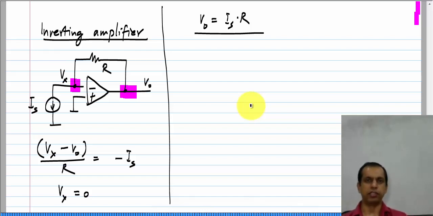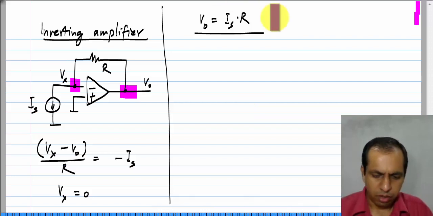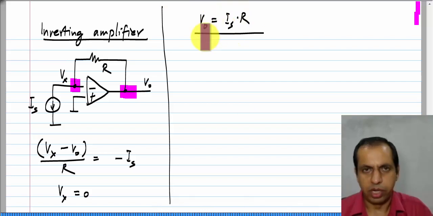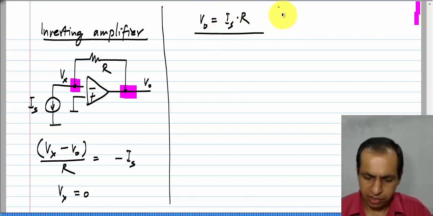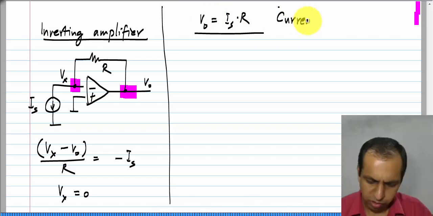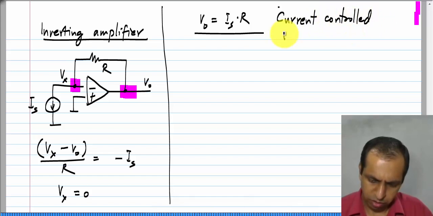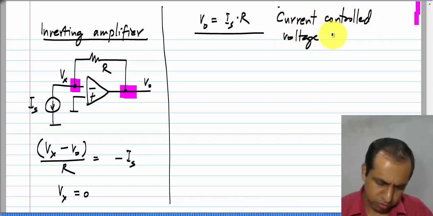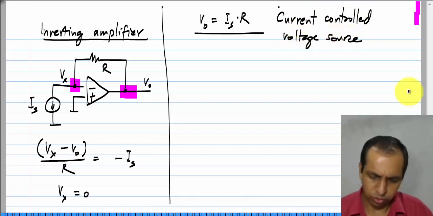Other standard circuit is the non-inverting op amp amplifier, which we have discussed earlier. Now, this has a current input and a voltage output, and this truly is a current controlled voltage source.